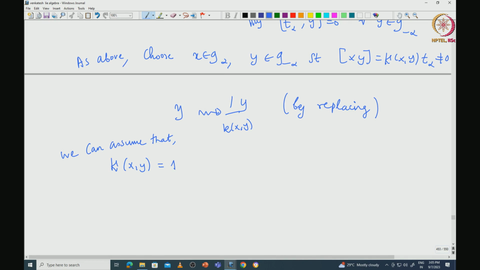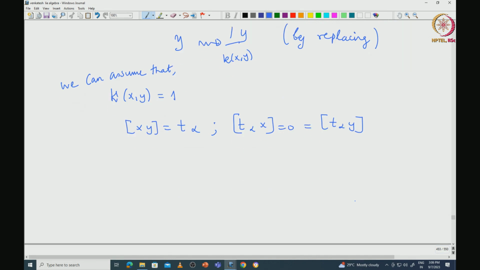Putting everything together, the bracket x y is t alpha, the bracket t alpha x is 0 and the bracket t alpha y is also 0. So if we take S, the span of x, y and t alpha, this is going to define a 3-dimensional solvable subalgebra of g.